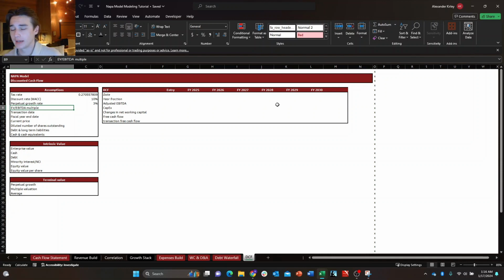With that being said, with Napa itself, it's currently trading at 10.6 EV/EBITDA. Last year, around, I believe, mid-year in 2023, it was trading around 14.5, 14.6, and then in 2021, when it first IPO'd, it was trading more around 31x.